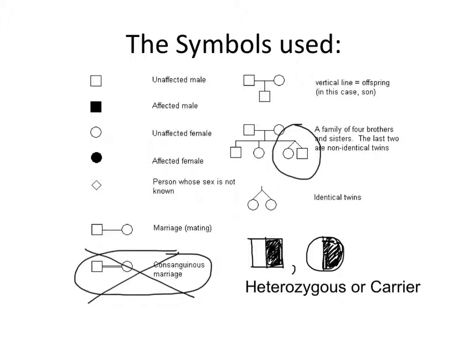Now, the reason why I circled this representation of non-identical twins is just so that you would see the difference between non-identical twins versus identical twins. Also, if a person is heterozygous, they may be represented with a half shaded in shape.